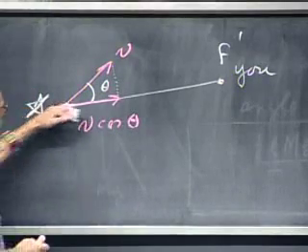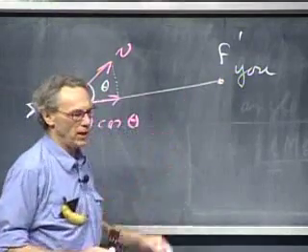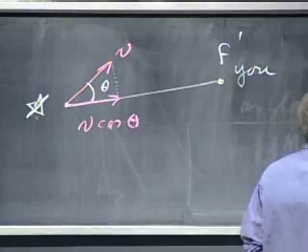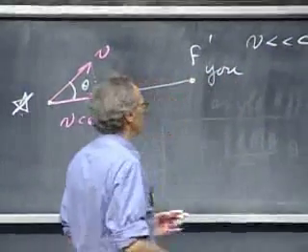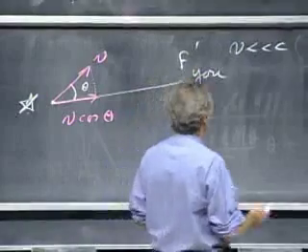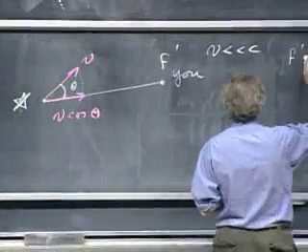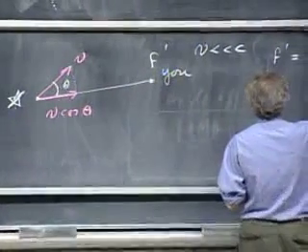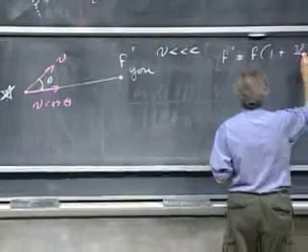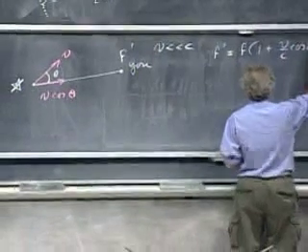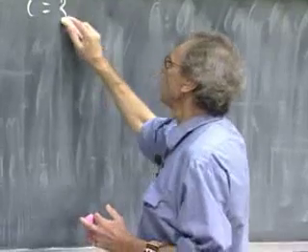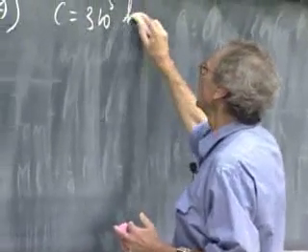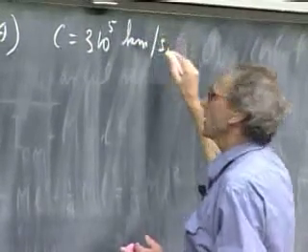And whether the star is moving to us or we to the star makes no difference. If the velocity of the star is much, much smaller than c, then f prime, the one that you will receive, equals f times 1 plus v over c times the cosine of theta. This equation is on your exam. c is 3 times 10 to the 5th kilometers per second.